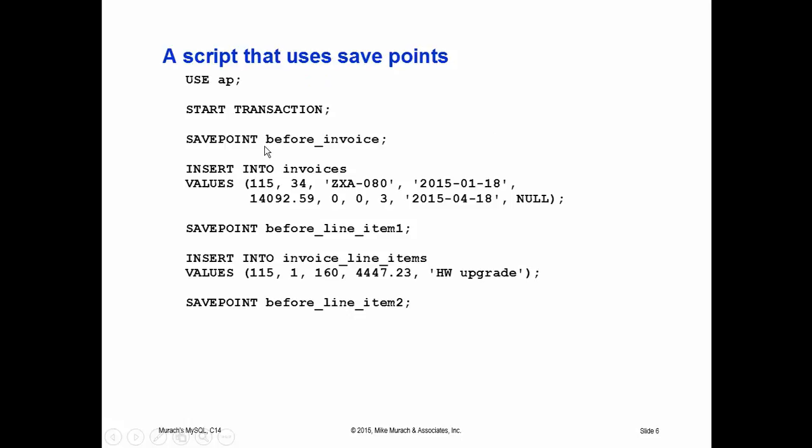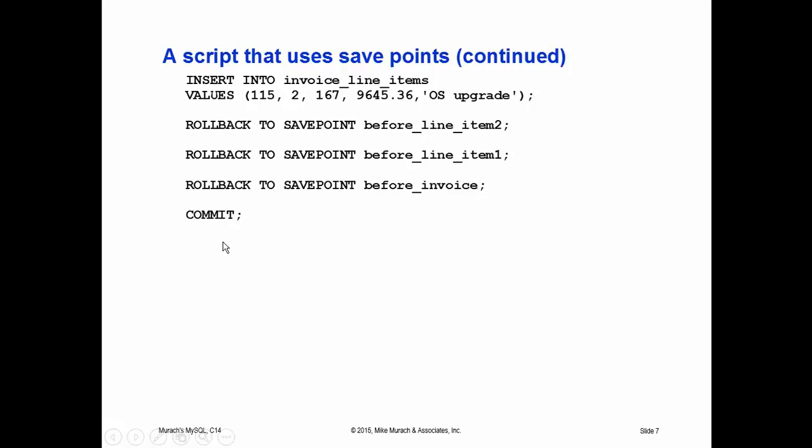So if I roll back to this point right here, what I'm saying is I want it to be as though nothing has ever happened. If I roll back to this point, then this insert worked, but the rest of them didn't. And if I roll back to this save point, then this happened and this happened. All right? And then we've got another save point.